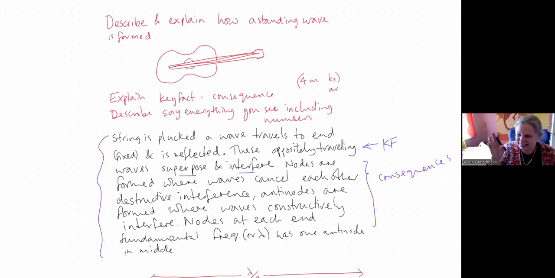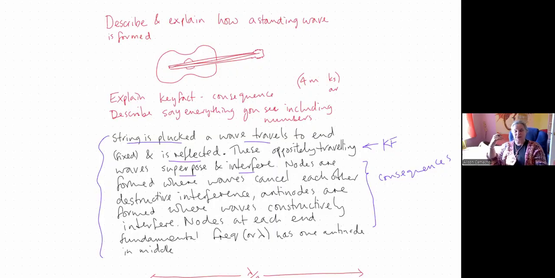Can you see? You have to find your starting point. My starting point is the string being plucked, the wave traveling, and then a wave being reflected. This is a key fact, and it is also the first event in the sequence of events for our description.